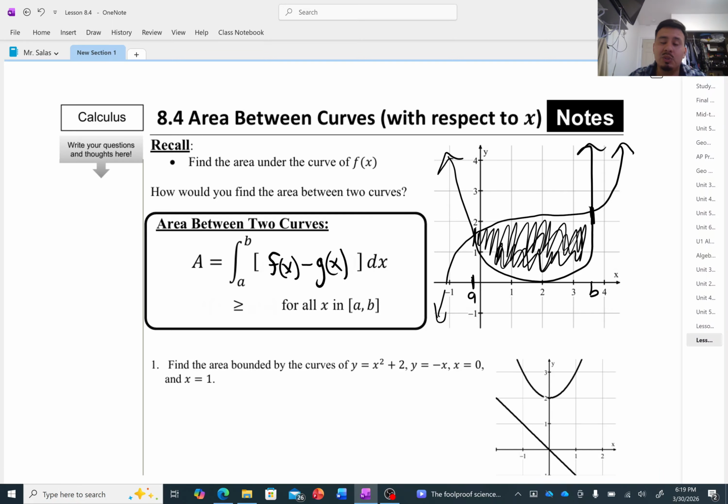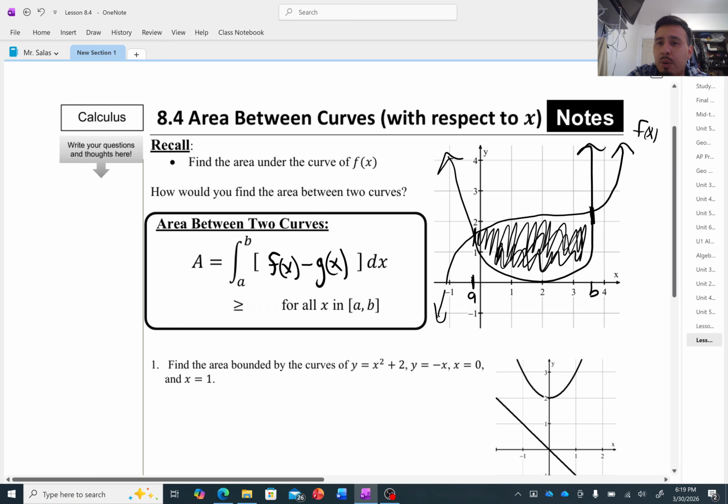And we got to figure out which one's higher, which one's lower. In this case, this top one is higher, so we would call this one f of x. And the parabola, since it has a lower part, this one would be called g of x.